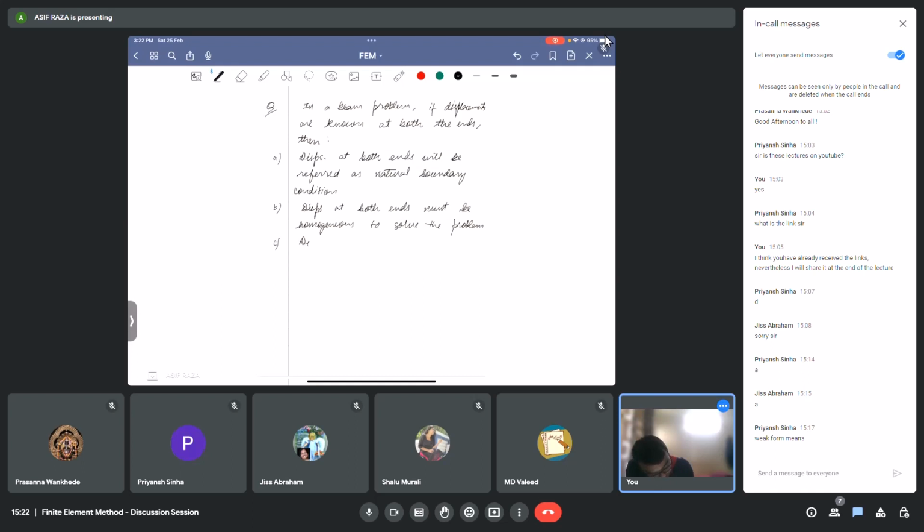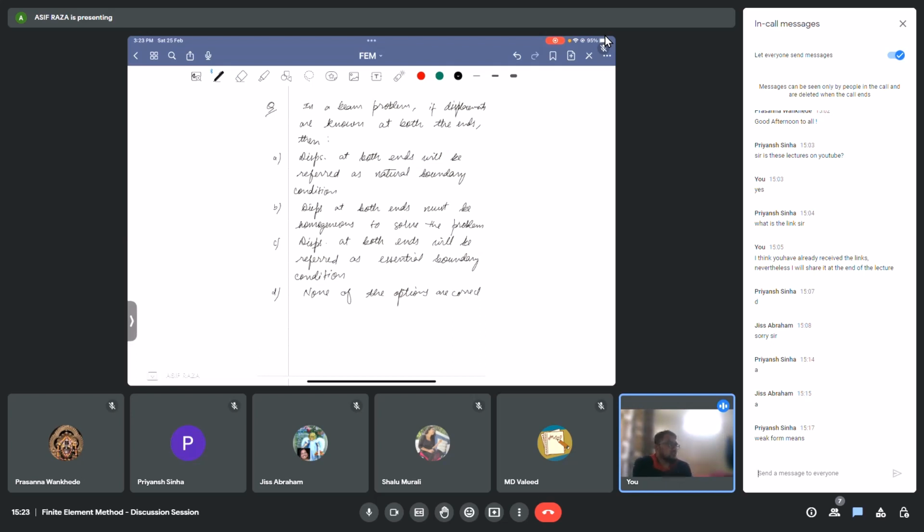Option C, displacements at both ends will be referred to as essential boundary condition. And the fourth option is none of the options are correct. I hope at least Abraham can give this answer.